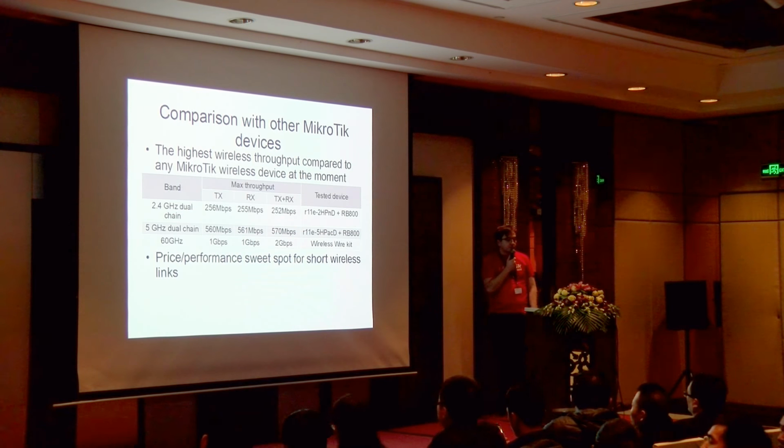In lab environments it is possible to reach higher speeds, but these are the speeds achievable in real environments. So 60 gigahertz is not limited by radio performance, but limited by Ethernet performance. That's why we called it wireless wire.